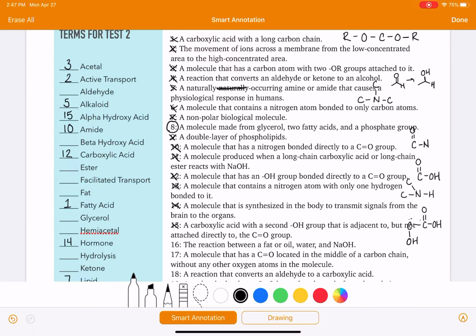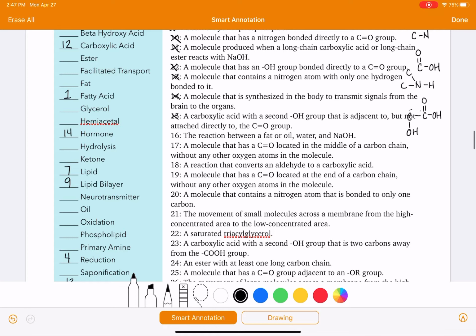Remember, the difference between an alpha hydroxy acid and a beta hydroxy acid is the location of the second OH group. So that would be what a beta would look like. The reaction between fat or oil and water and NaOH, that's saponification, the reaction that produces soap.